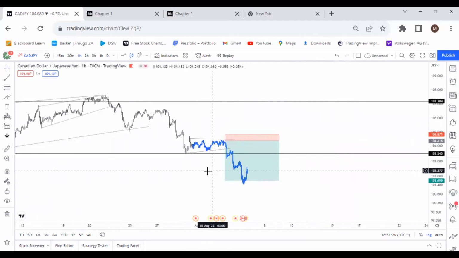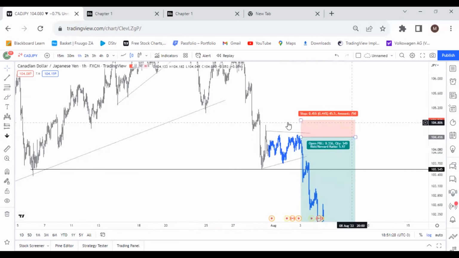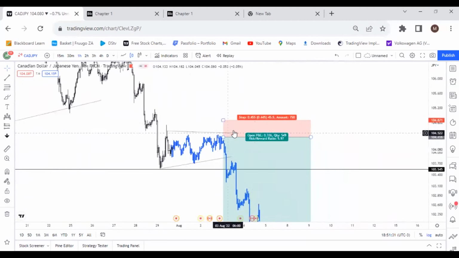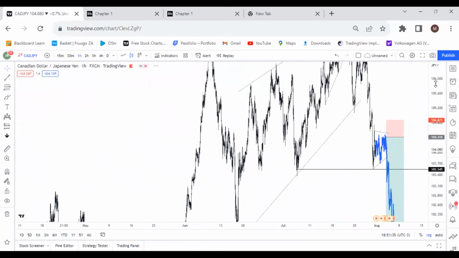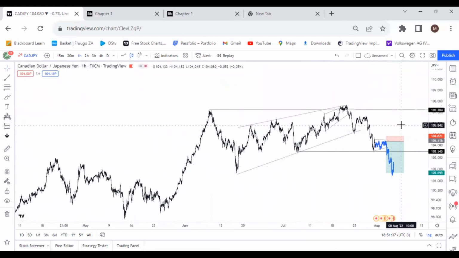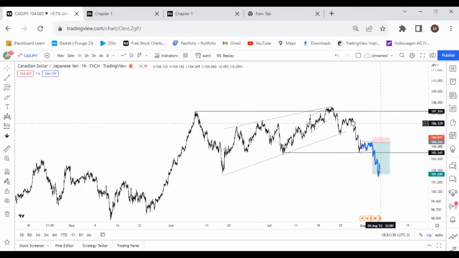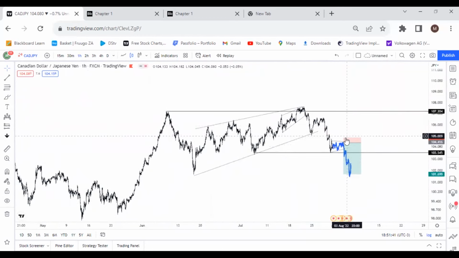So if this pattern did form and we had the 1 to 3 touch formation, that would give us enough confirmation that we can take that as a valid setup.